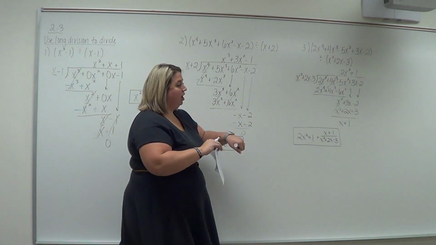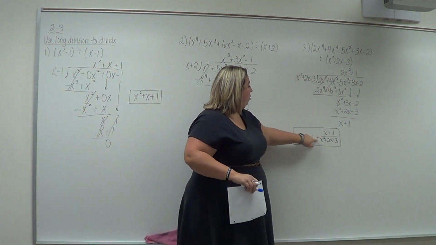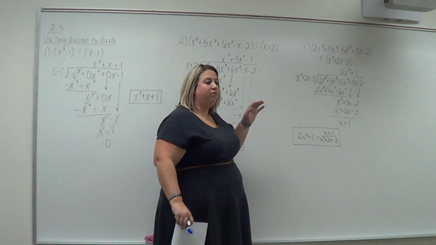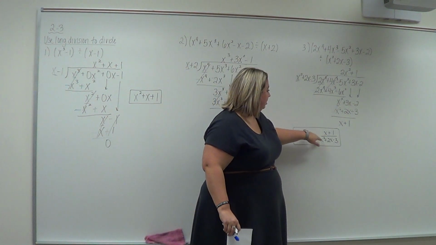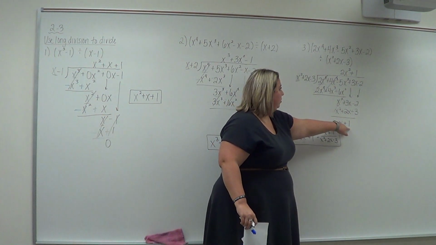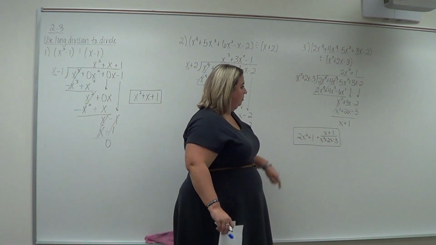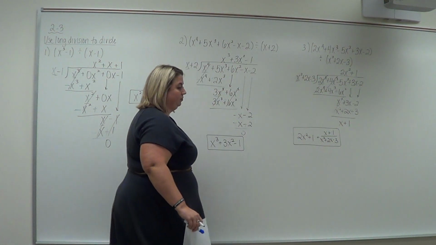Okay, so you do what you got as your answer, and then always do a plus sign. That way if there's negatives involved, you don't have to worry about the negatives. So do a plus, and then you take your remainder over what you divided by. And that'll be your answer.